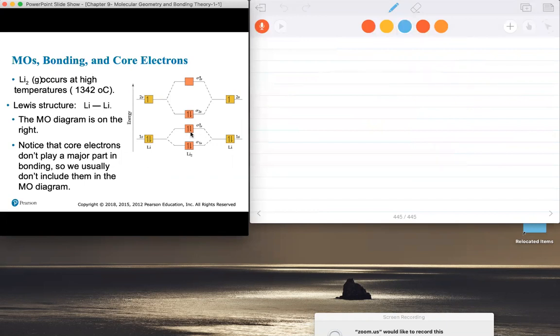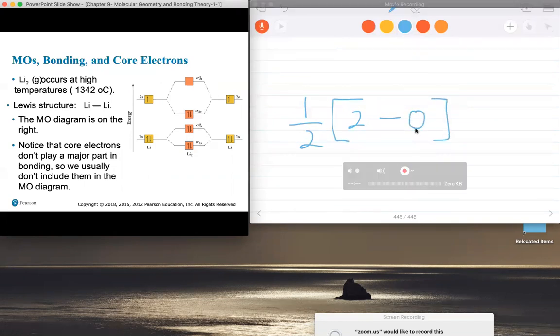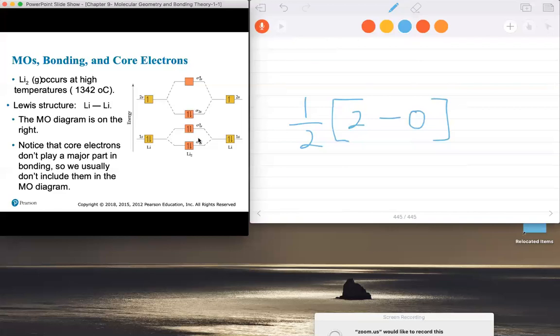The 2 will cancel out. What we use is the topmost part here, which is a half times 2 minus 0, the 2 electrons right here. If you use the total, that's fine. It's just going to come out the same.